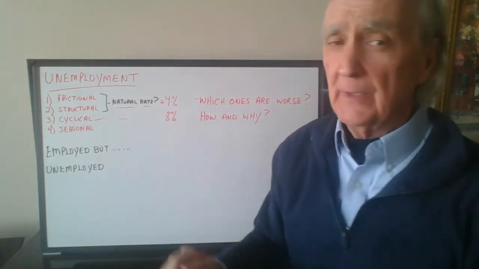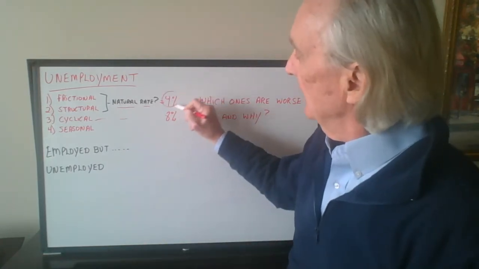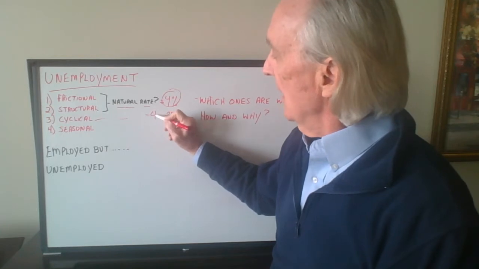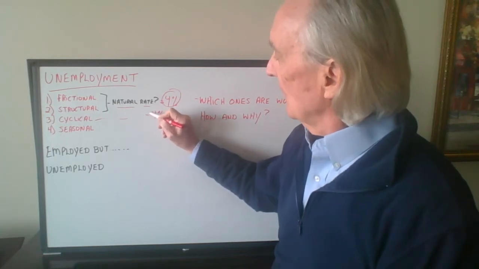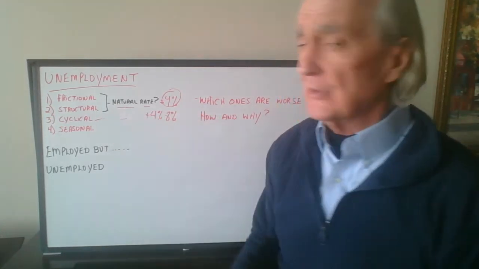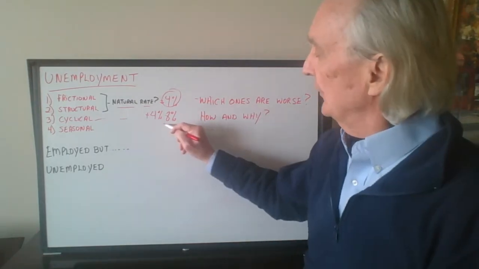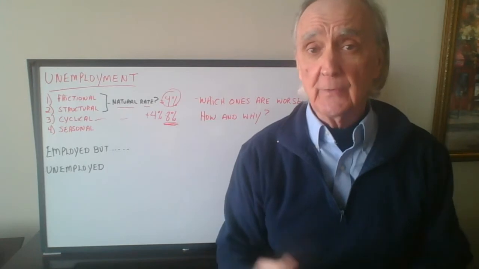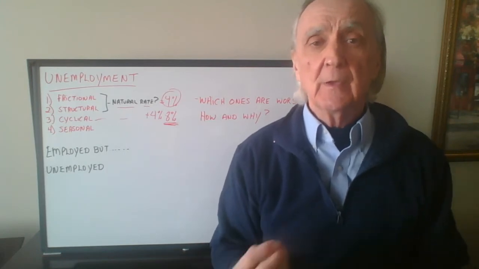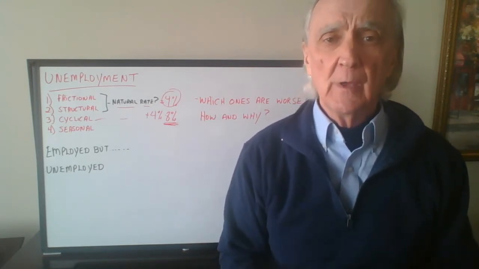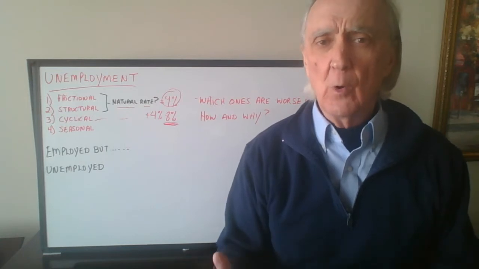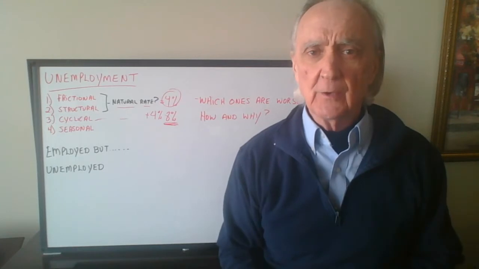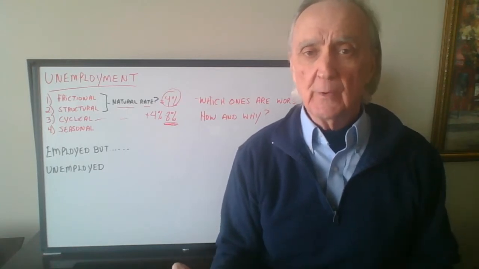Well, what's happened is we have the 4% natural, but we have an additional 4% unemployment from the recession, okay? So that's giving us 8%, right? That is the scariest type of unemployment because of the unknown factor. You know, we don't know how long this is going to be. Even some of the best economists in the country say, well, how long is this going to go on?